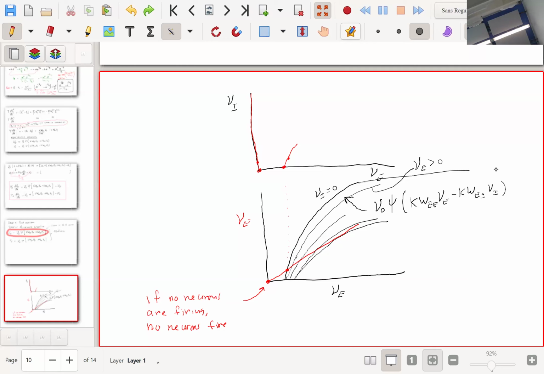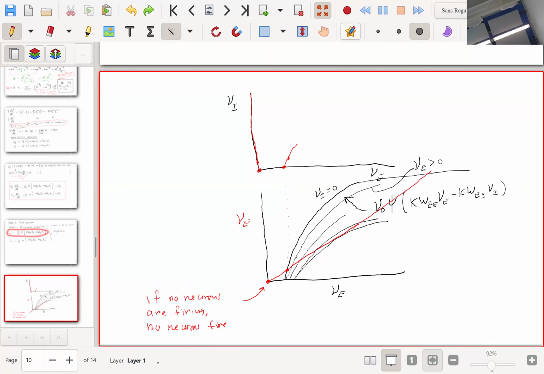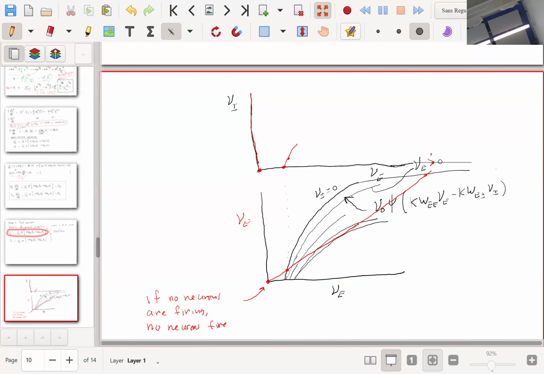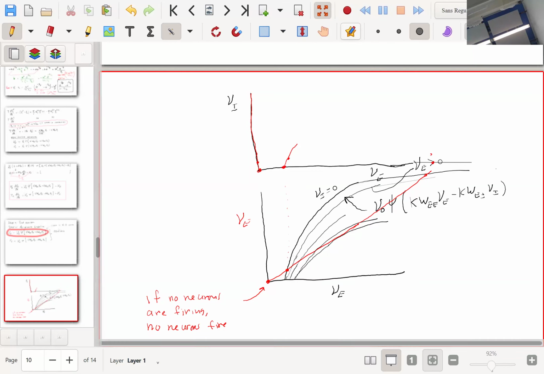So if we kept following this red line up, there's actually an equilibrium out here as well. That's getting a bit messy. So there's a point also on the graph out here. And these points here, unlike the other ones, move in a little.